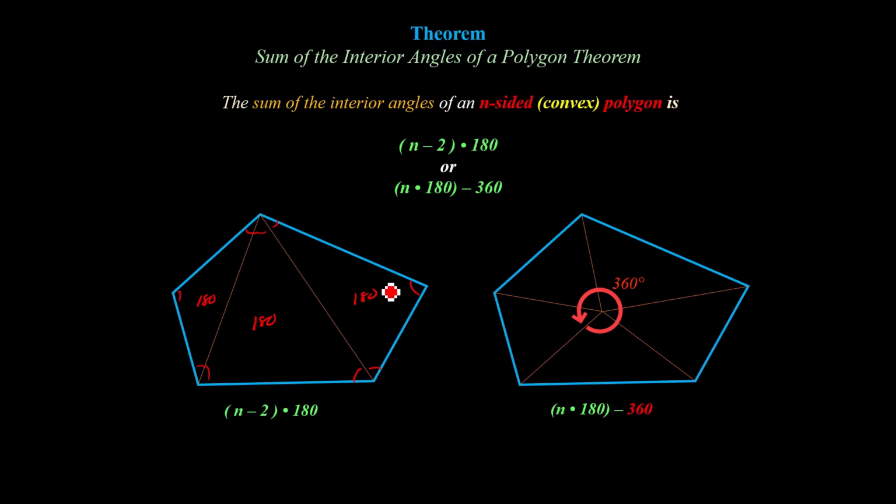So you can do n minus 2 times 180 degrees, or you can make a point in the center and draw triangles: 5 triangles if it's a pentagon, and 6 triangles if it's a hexagon. So it's n times 180 degrees, but then you have to subtract 360 degrees. So the sum of the interior angles of an n-sided polygon is either n minus 2 times 180 degrees or n times 180 degrees minus 360 degrees.